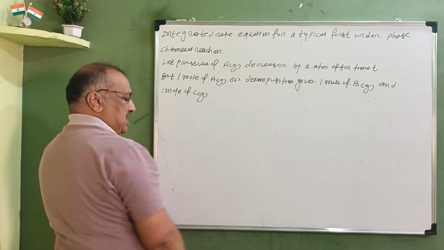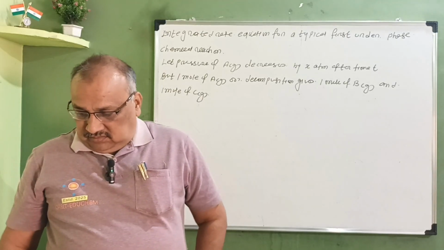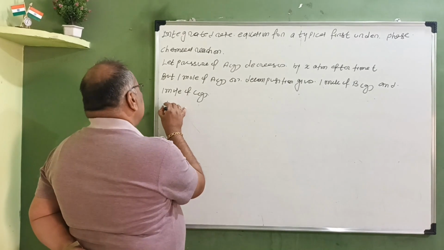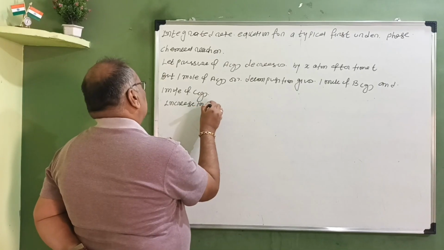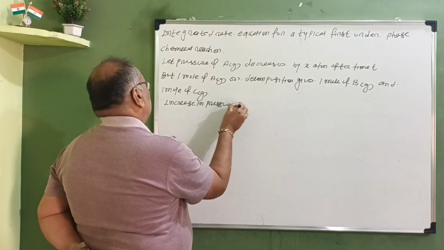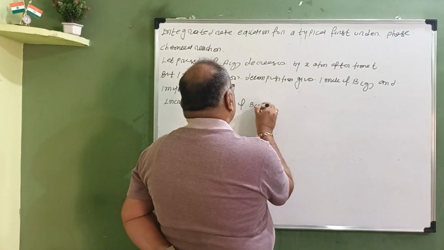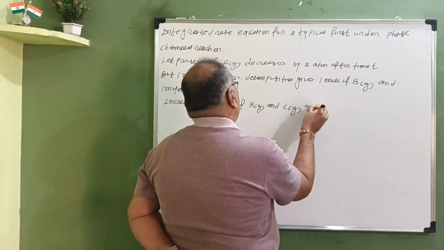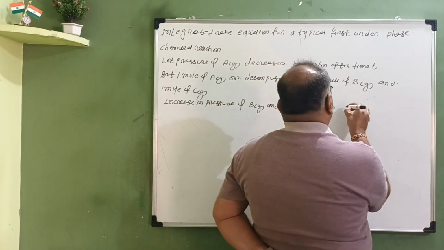This is from the reaction. Hence, increase in pressure of B gas and C gas are also x atm.